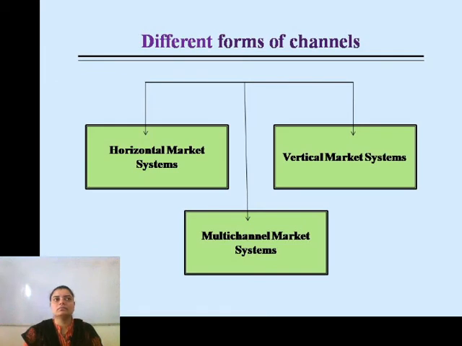I'll explain this through an example. The first and foremost company which used the multi-channel marketing system or the hybrid marketing system was IBM. So the company employed almost 18 channels to sell its wide range of computers. Like they went through catalog selling, telemarketing, value-added resellers.